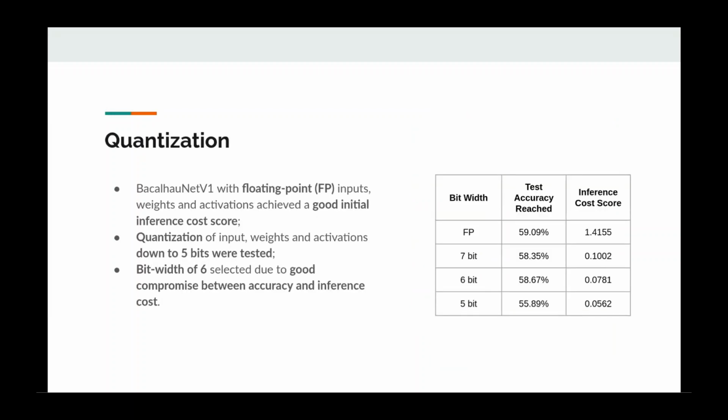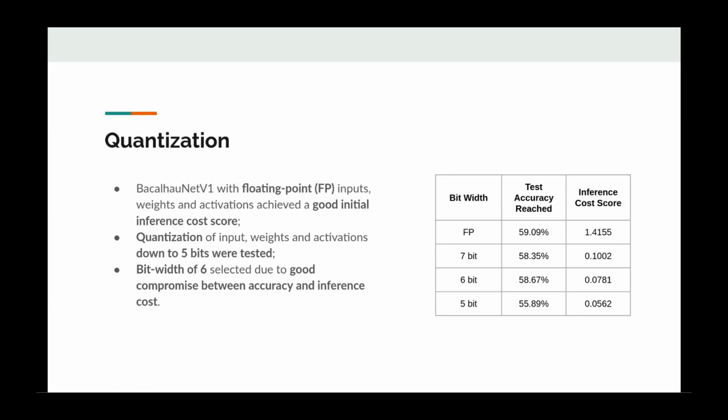To improve the inference cost, we tried both quantization and pruning, as most of the other teams have. For quantization, we tried multiple bit widths for inputs, weights, and activations.